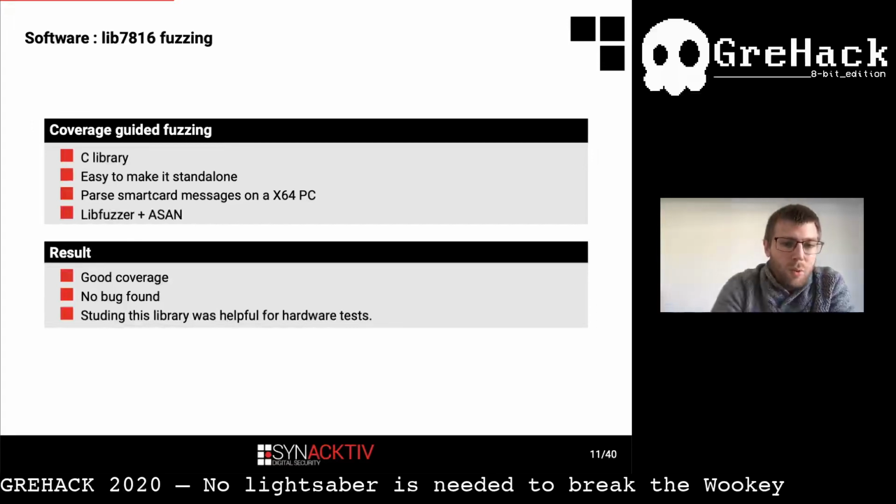We built the library with libFuzzer and the address sanitizer and ran the test for a few days. We got good coverage of the library code, but we didn't find any bugs, and you will see later that analyzing this library was a good plan for hardware tests.